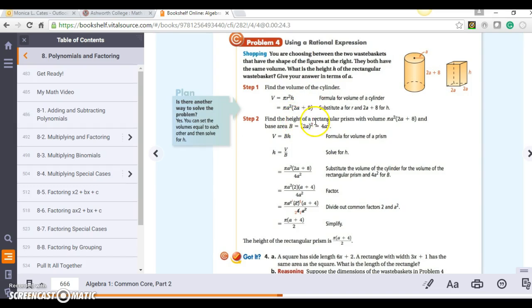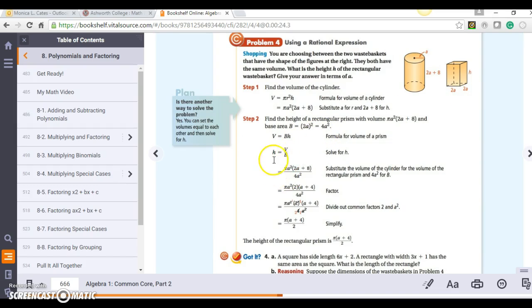So volume, if we plug everything in, will be pi a squared times 2a plus 8. And we can multiply that through, but I think it's best to leave it like this. Alright, and so the volume of our rectangular wastebasket will be V equals BH, and so to find H, it'll be just V over B. And we know our B is just 2a times 2a, which is 4a squared.